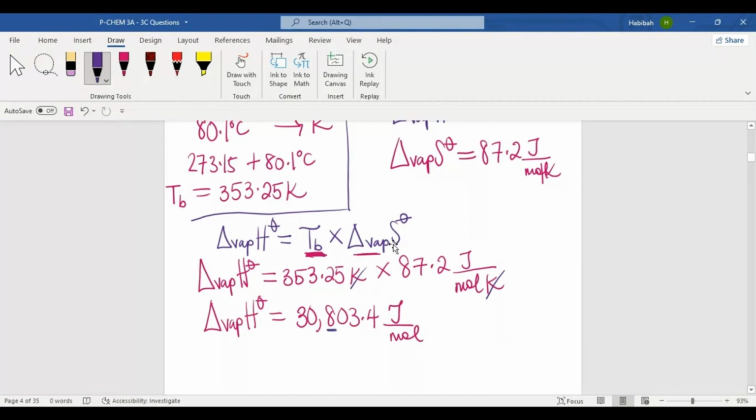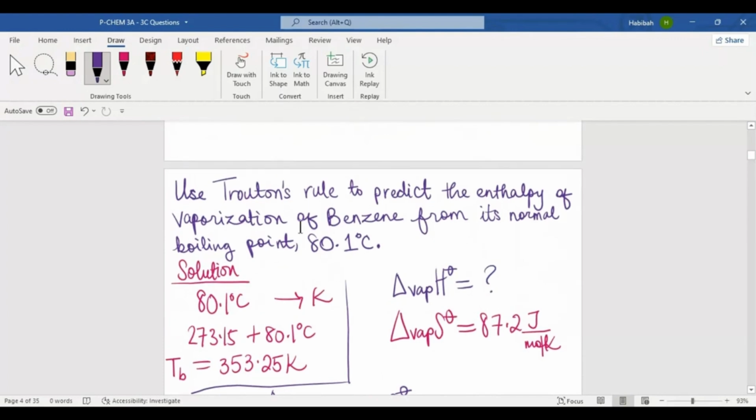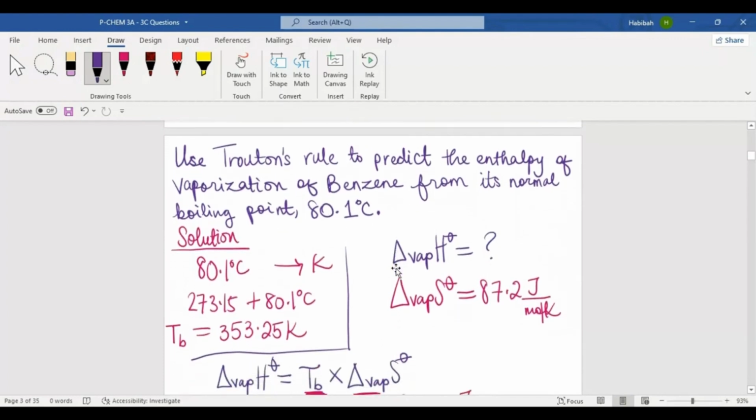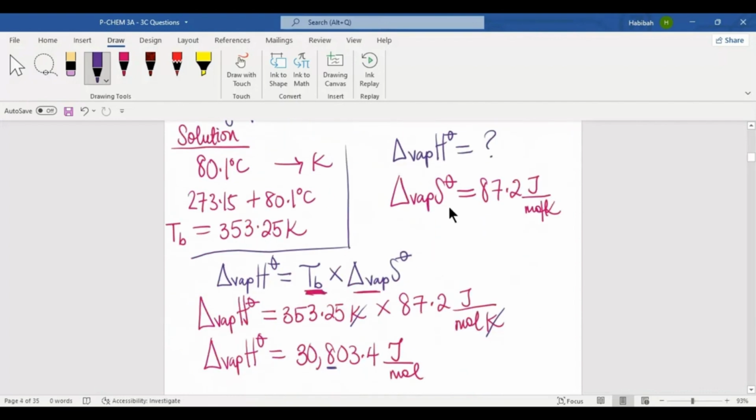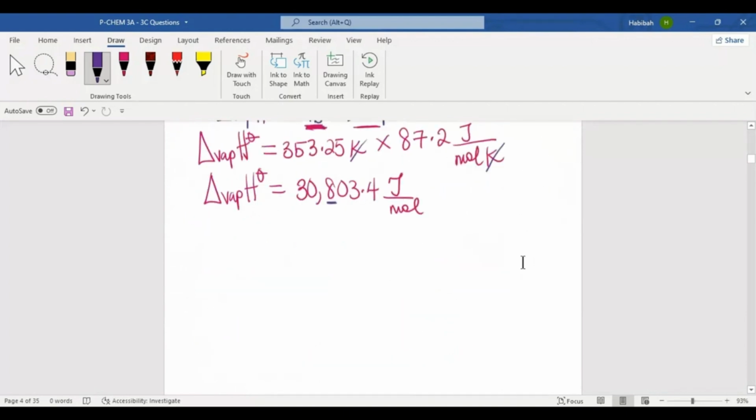But before we do that, let us remember that we're going to be putting our answer in the number of significant figures of the question that we're given. So when we see the question, we see that our normal boiling point is in 3 sig figs. Our change in entropy of vaporization for benzene is also in 3 sig figs. So we have to make sure our work is in 3 sig figs.